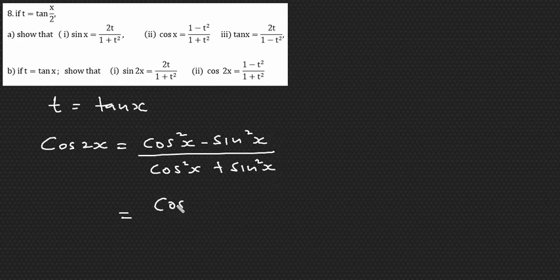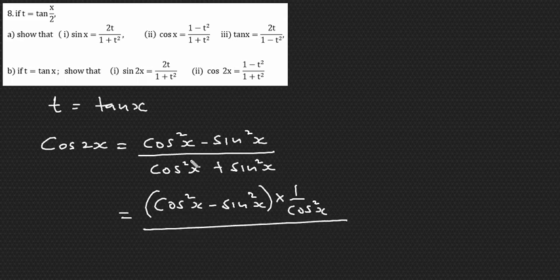So this will be cos squared x minus sin squared x times 1 over cos squared x. Then the whole of that, I'll be also dividing this denominator. So this is cos squared x plus sin squared x times 1 over cos squared x, so that we get a tan.